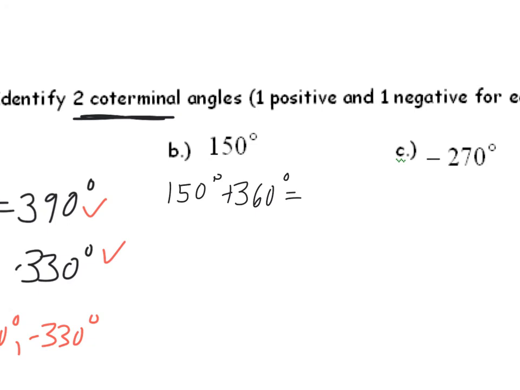So what are we looking at here? 150 plus 360, so 510. I could also take that 150 degrees and subtract 360. And that'll get you one positive and one negative.